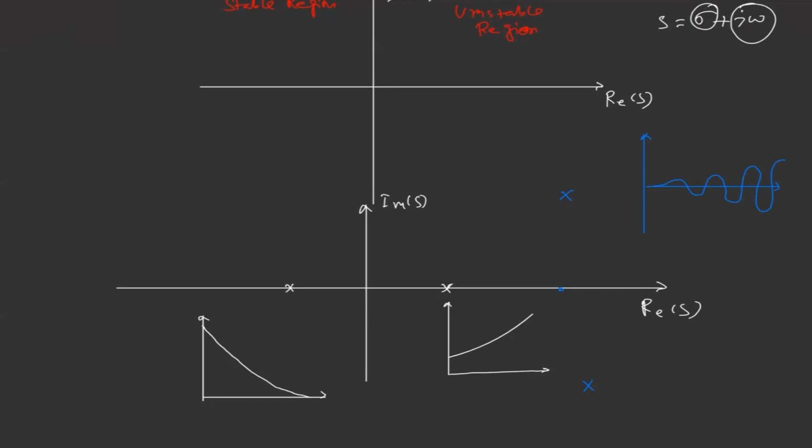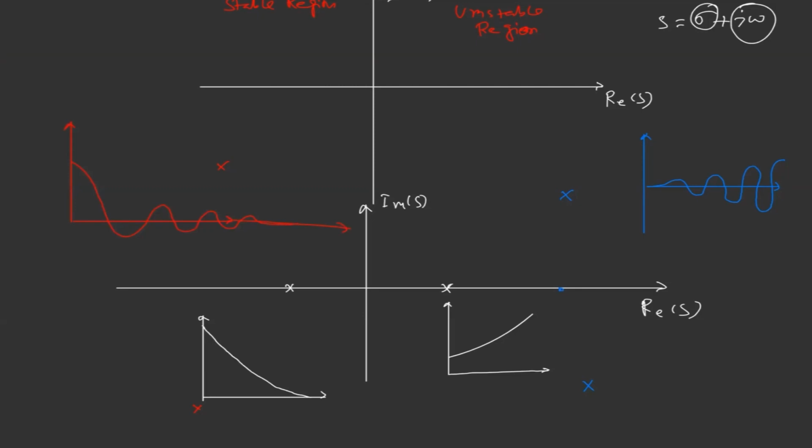And if the poles lie on the left hand side, left hand plane, in the stable region with complex conjugate poles, the response will be converging to the equilibrium point or the desired value. So it may start like this, something like this. It will go into decaying oscillation.